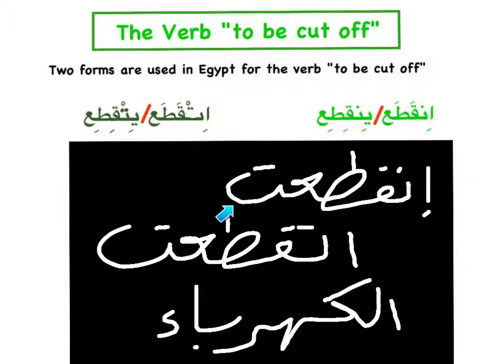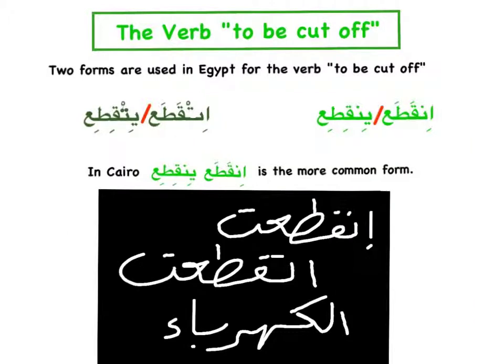And here you have كهرباء is a feminine noun, so تاء مربوطة. And this is true for the internet, so you say انقطعت الإنترنت or اتقطعت الإنترنت. In Cairo, انقطع, ينقطع is the more common form.